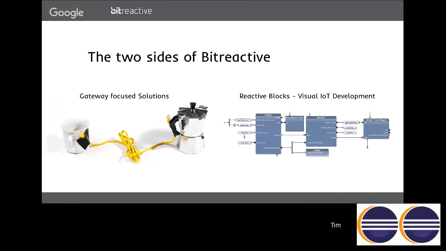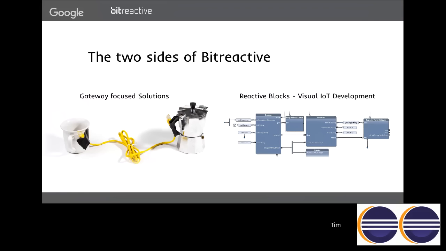Towards Reactive, we have two sides. We originate on the right side from the tooling. Reactive Blocks is a visual tool for application development. It originated as a PhD thesis at the National Technical University by our inventor Frank Kremer.